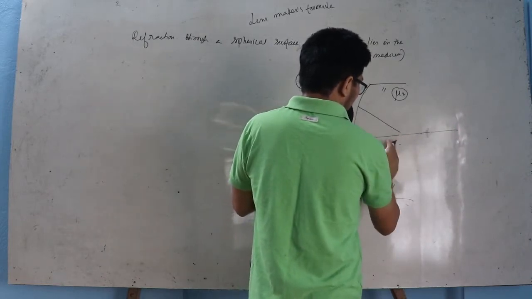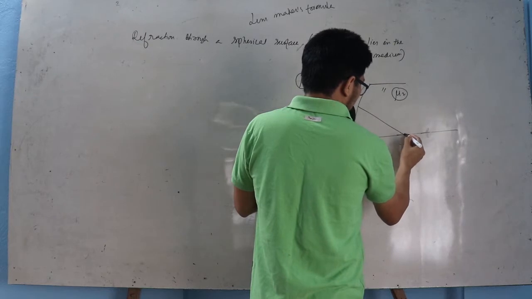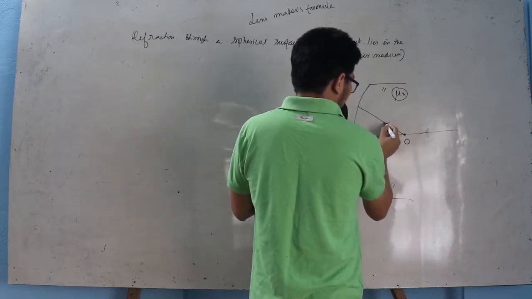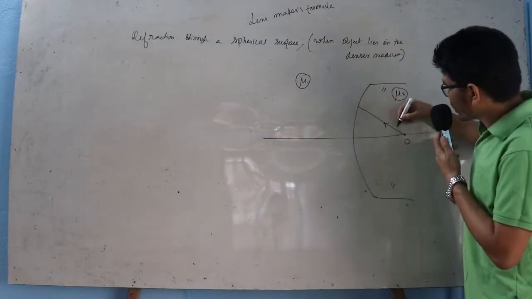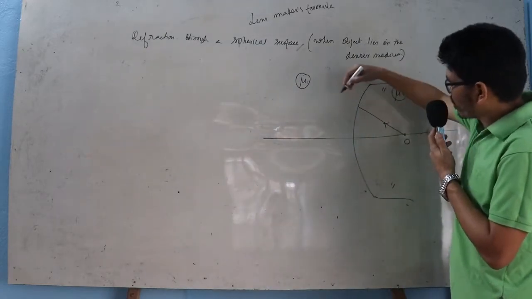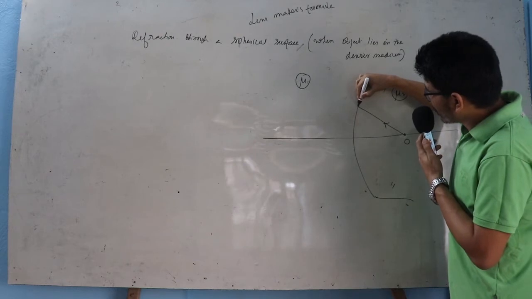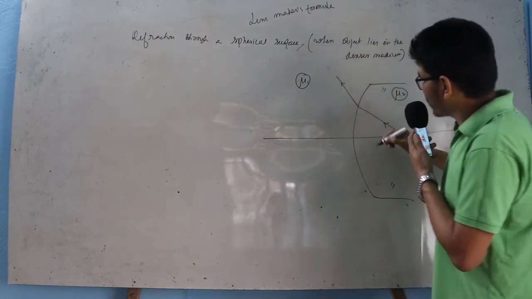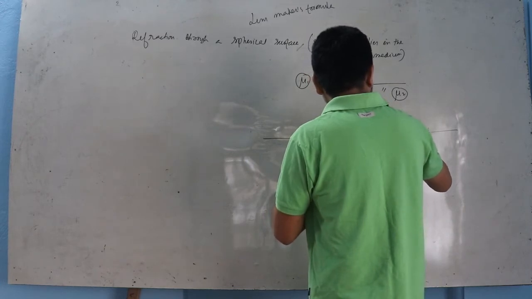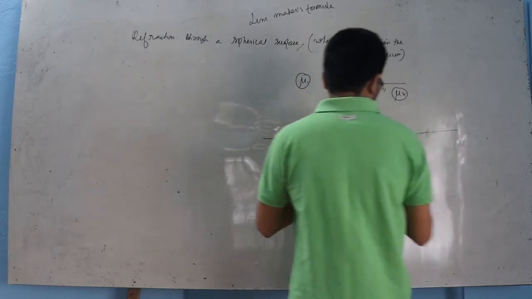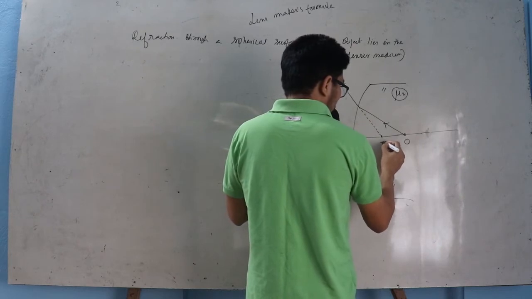If this is the object, then let this be the ray of light coming from the object. As the light goes from denser to rarer, this will undergo refraction, and let this be the refracted ray. So when you produce this refracted ray, here image will be formed.